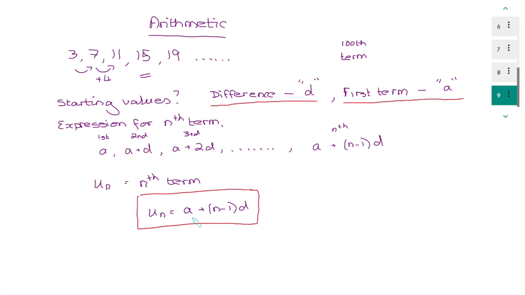Now in GCSE you may have come across a method which I think is a tiny bit crazy, where you work out the difference and then you go back and you calculate the 0th term.